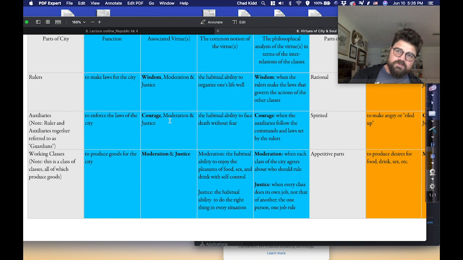What he wanted to do is to train the Guardians to be courageous, right? And what he says courage is, basically, is the ability to face up to death without fear. It's the ability to face the possibility of death in the battlefield and not be afraid of it. That's the basic idea.